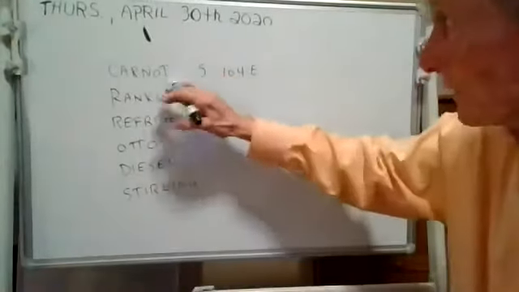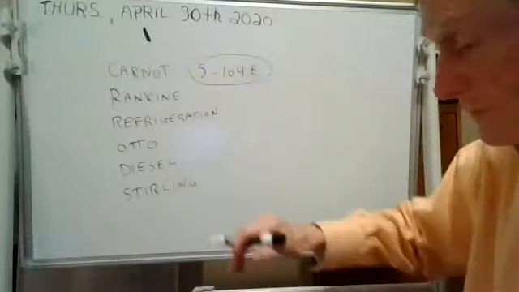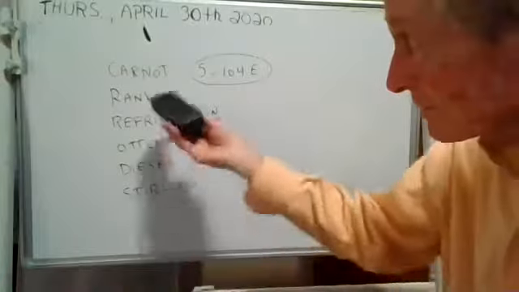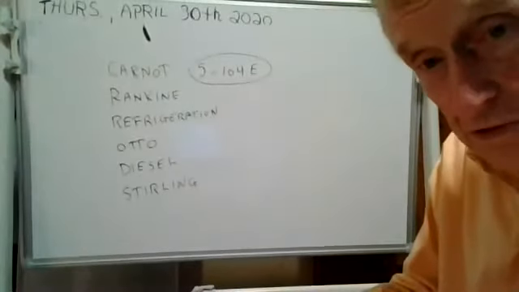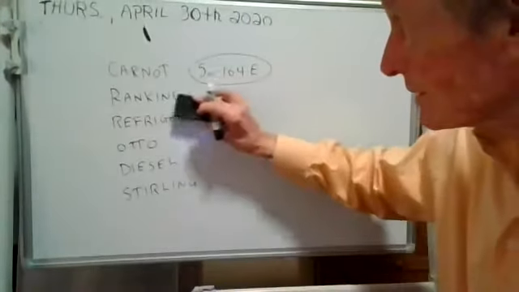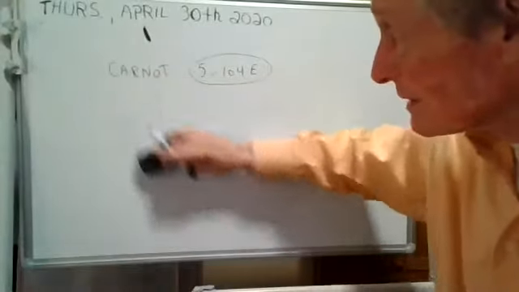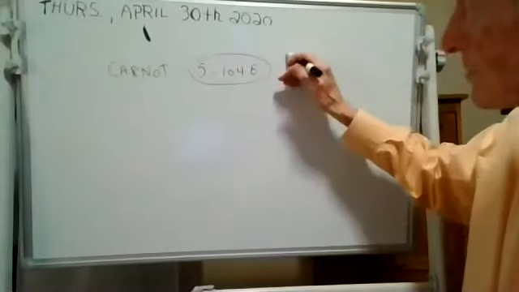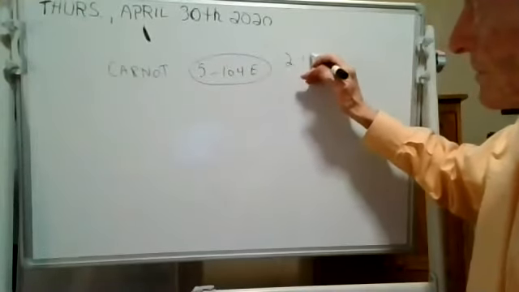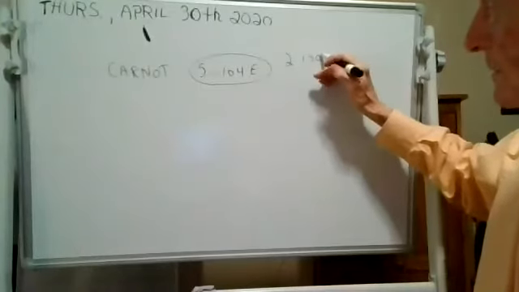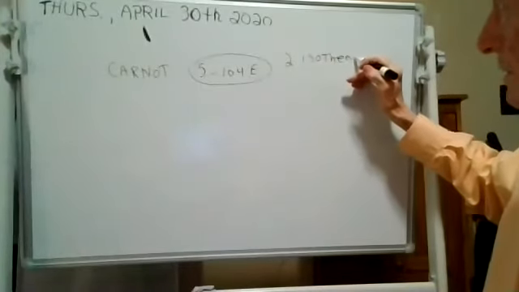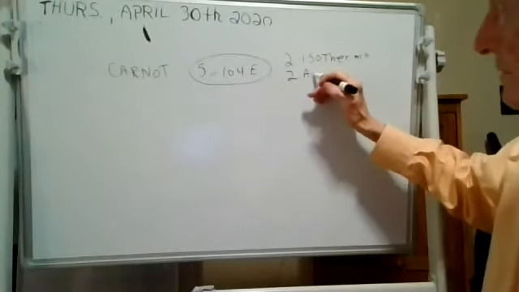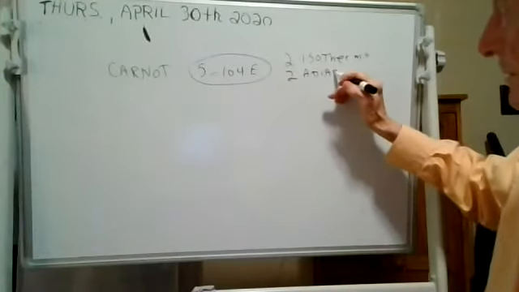Okay, we are going to do problem 5-104E. You should have all of these in your notes that we worked on in the past. Now remember what a Carnot cycle is. It's 2 isotherms and 2 adiabats. That's what it is.